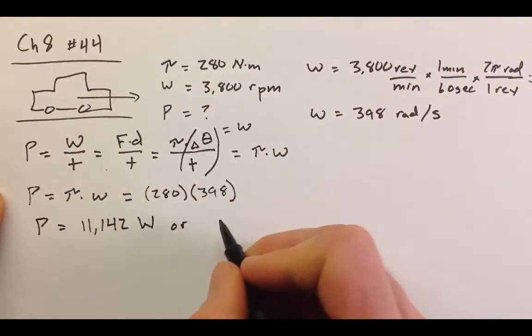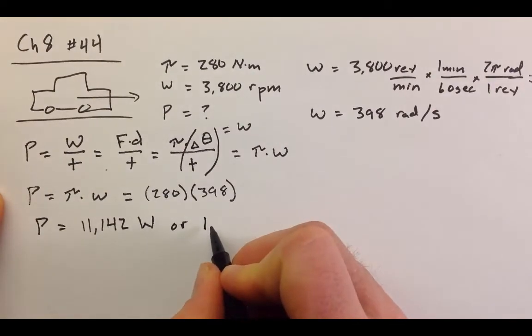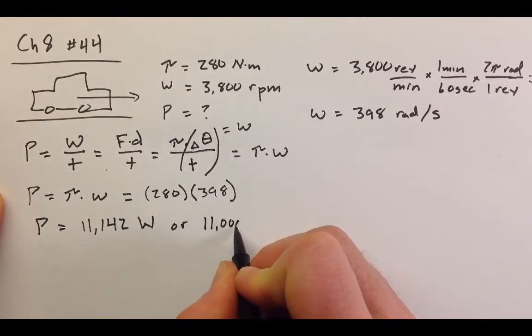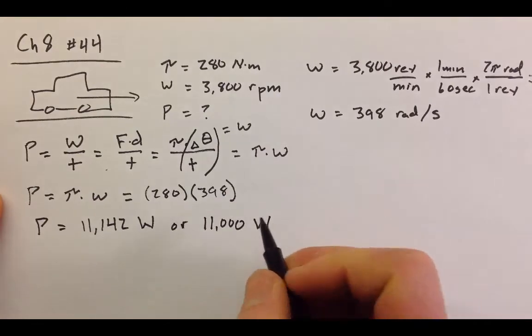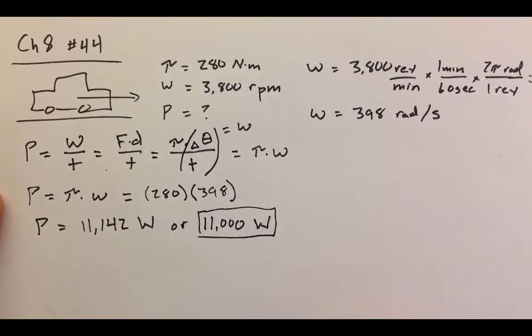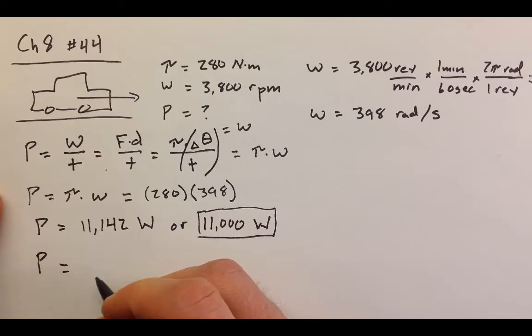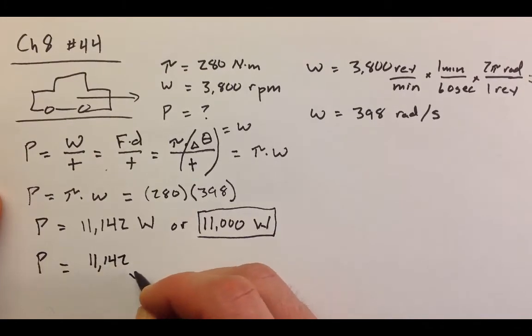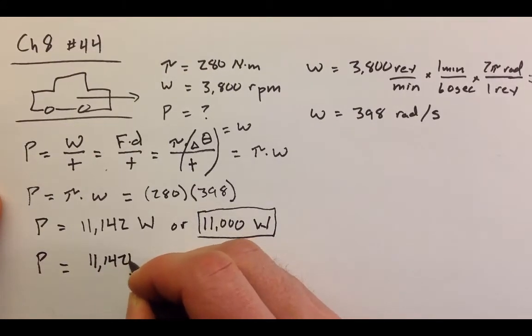But we only have two significant figures here, so that would be 11,000 watts would be the power of the engine in watts. But when you're dealing with automobiles, we here in the United States prefer to talk about horsepower instead of talking about watts.